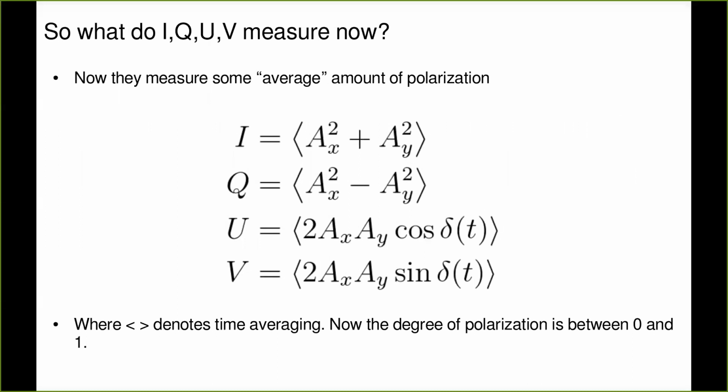So now our definition of I, Q, U, and V, and the averaging now corresponds to this 1/2 that we had before. So this is some temporal average of these quantities, right? In principle, it's not only delta, it's also x and y that are time dependent.